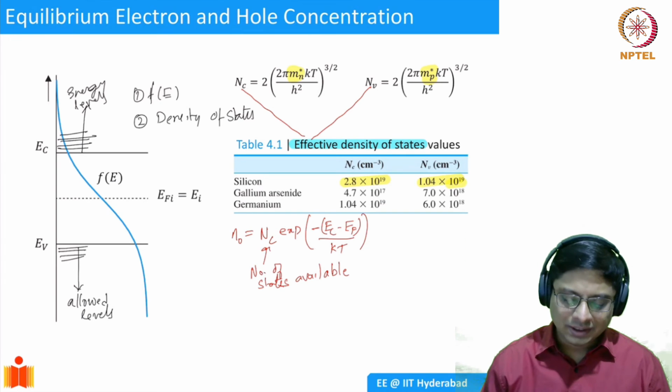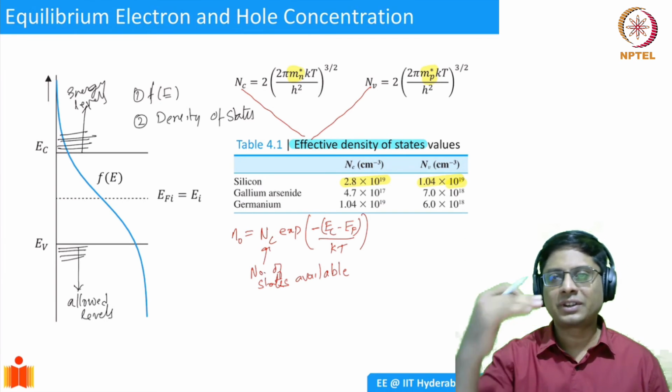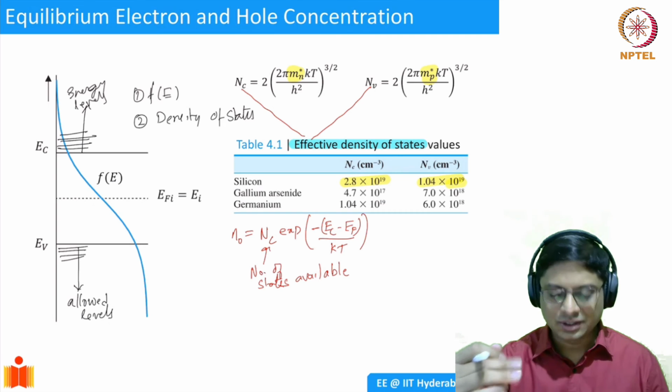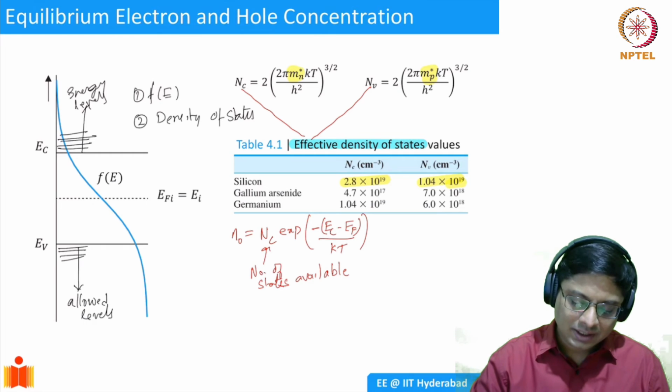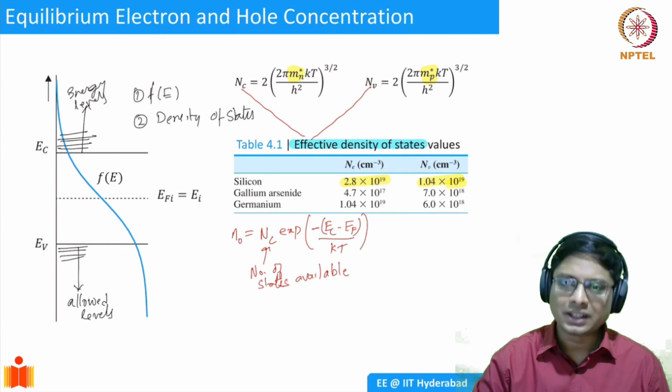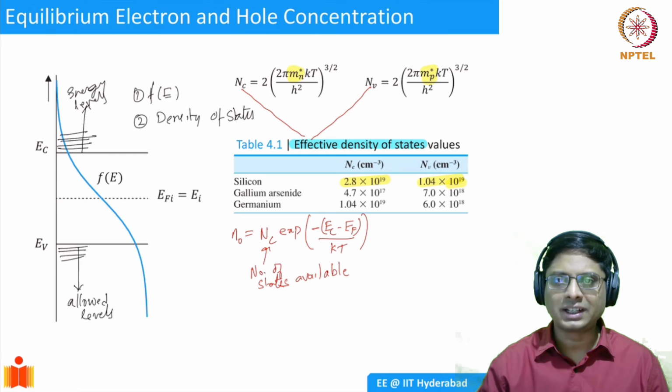Essentially, with reference to the conduction band edge, what is the carrier concentration? It depends on EC minus EF. EF is somewhere in the band gap, between EV and EC.